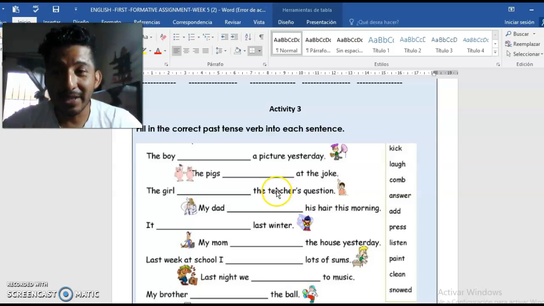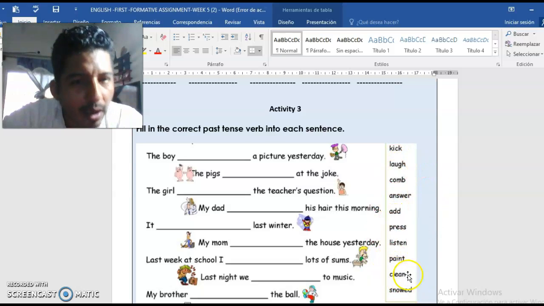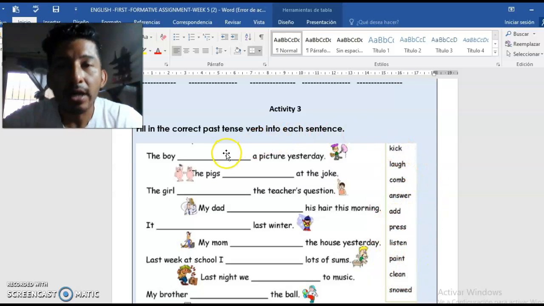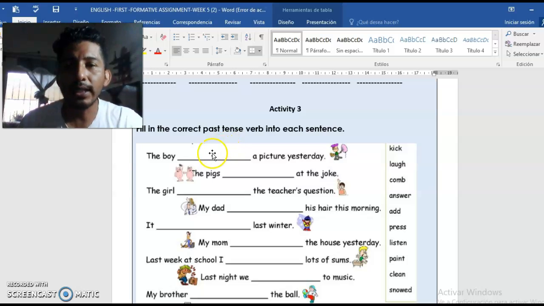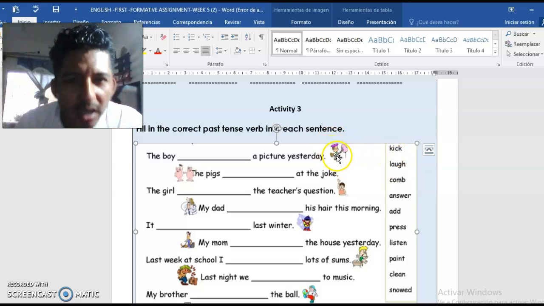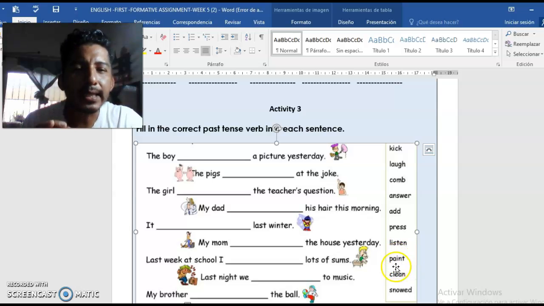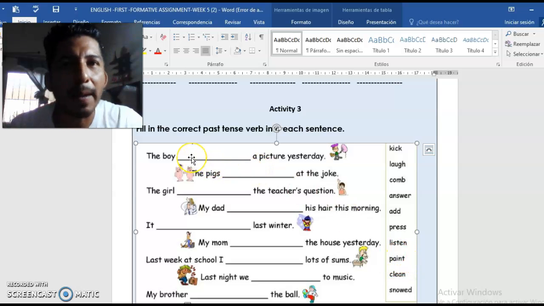Let's go to activity number 3. In this activity, you have to find the correct verb and put it here in past simple. Example: the boy a picture yesterday. The picture said that he was drawing or painting. Paint is the verb, but you don't have to say paint.